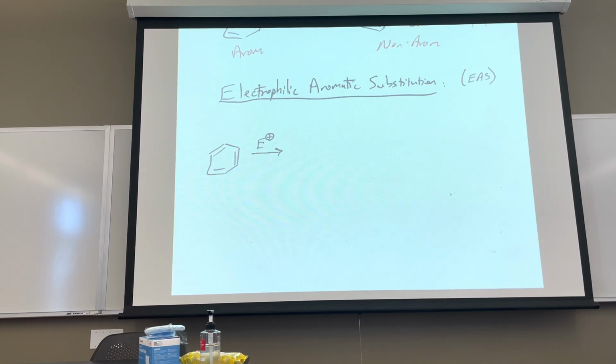It's looking for electrons wherever it can get them. It sees this electron-rich benzene ring, and so that's what's going to react. We're going to coax those pi electrons out of the ring to attack. That's going to make this high energy intermediate, what we will refer to from here on out as our sigma complex.